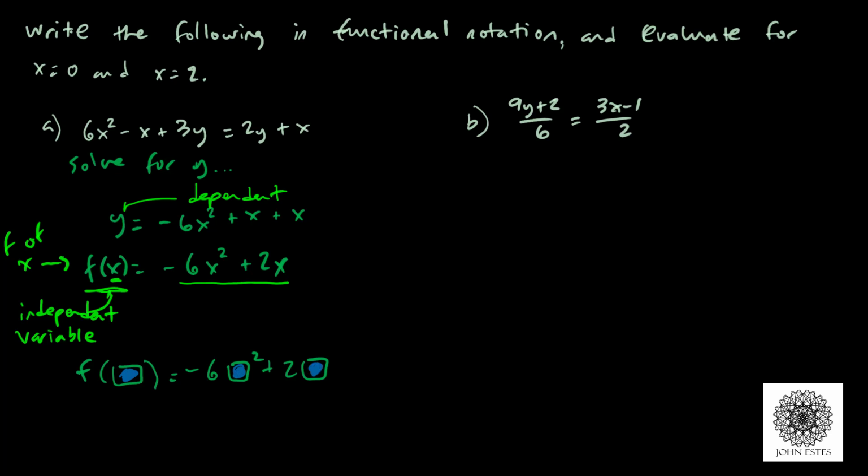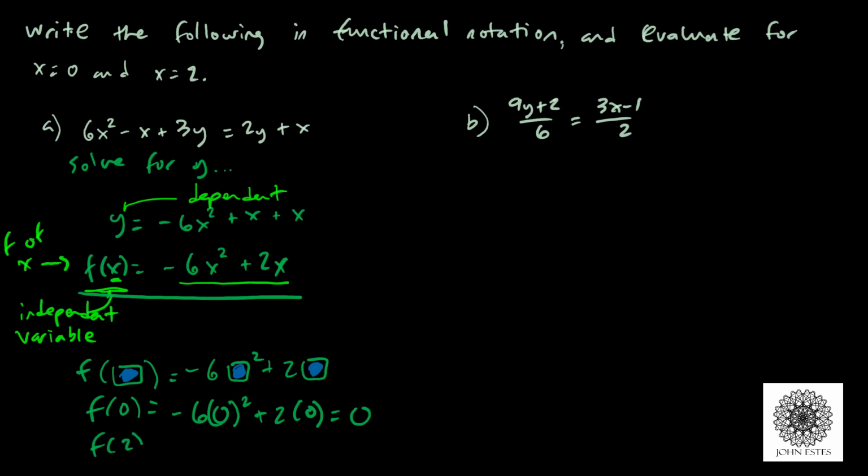Whatever I plug in the first box has to go in all the boxes. So here, where it asks for f of 0, that means anytime I see an x in my function, I need to write 0. So I have negative 6 times 0 squared plus 2 times 0. You add that up, you get 0. So f of 0 is 0.